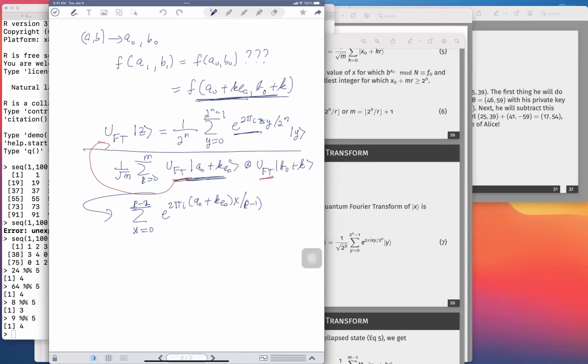This is the first factor, and then we have x, and then the second factor is similar, but this is from y to p minus 2. This is e to the 2 pi i. This one here, okay? b0 plus k times y over p minus 1, ky. Okay.